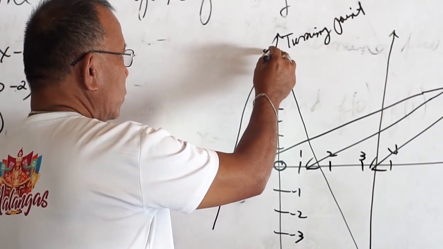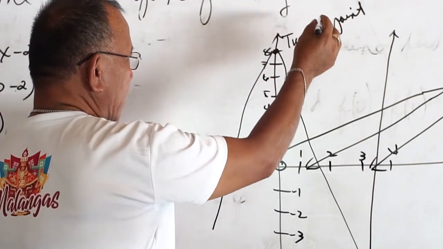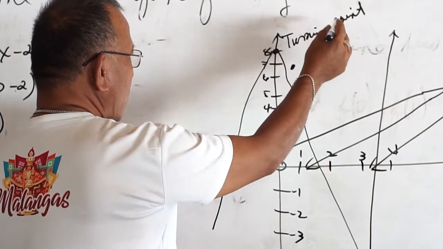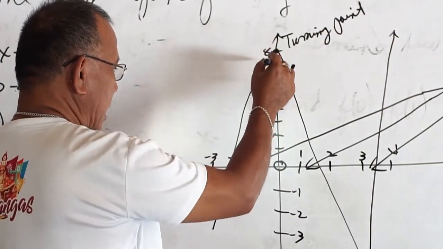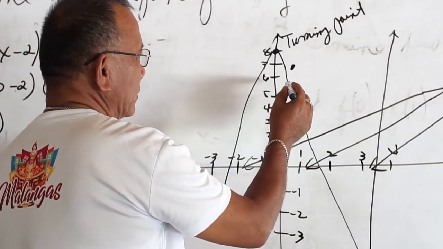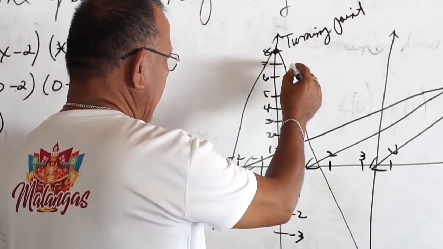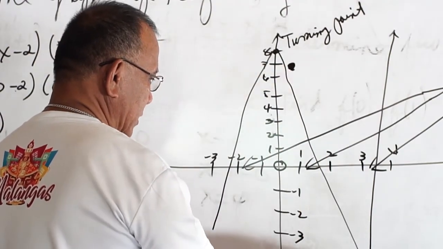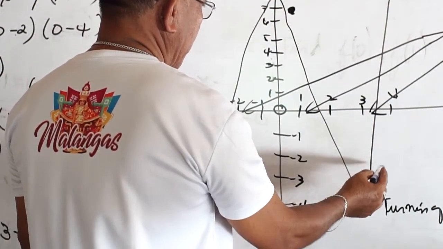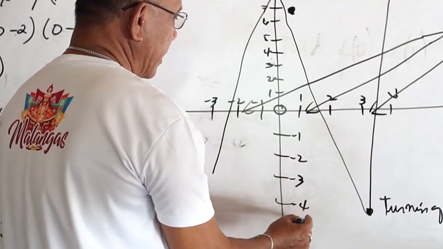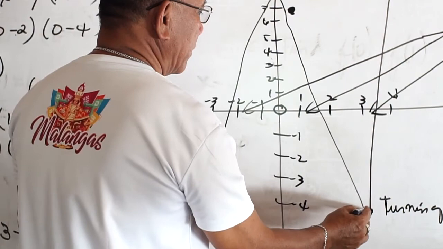Then, to interpret this graph, the turning point is 0 and 8. Then we have another point, the coordinate 1 and 6. Next, x is 3 and y is negative 4.